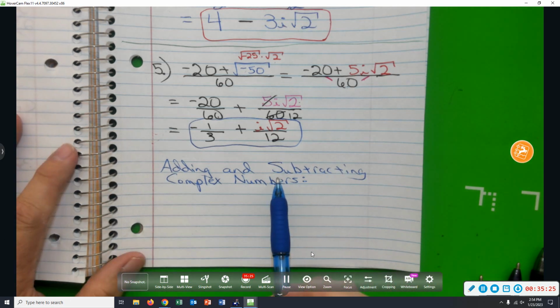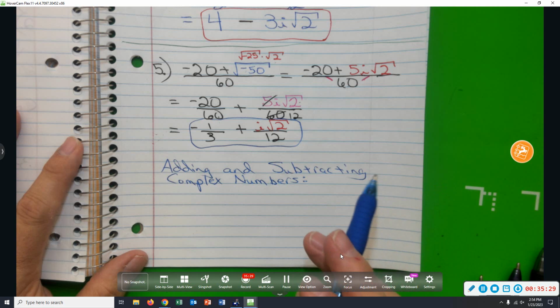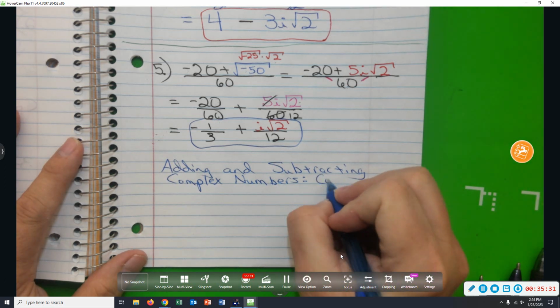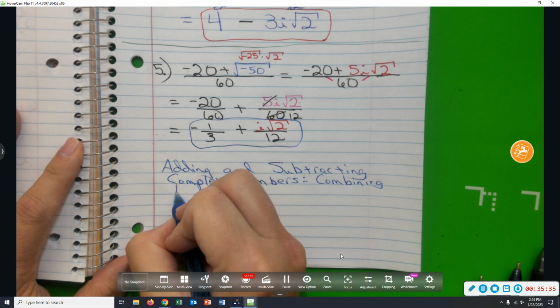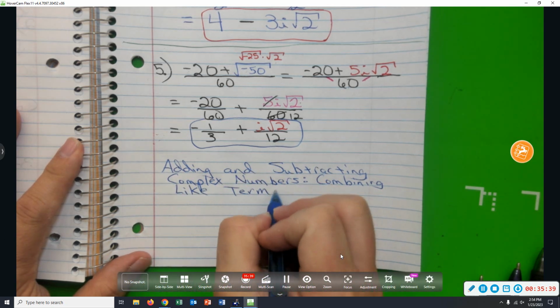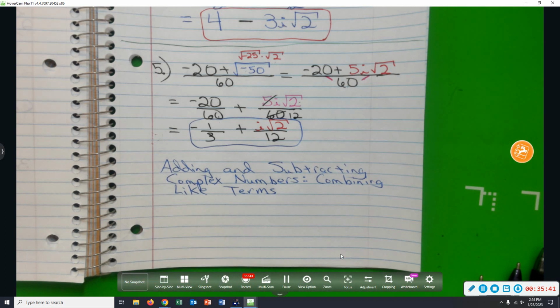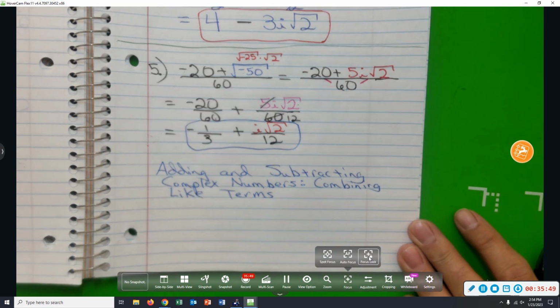So for adding and subtracting complex numbers, all you're doing is combining like terms. We're just combining like terms. Think of the i's as if they were a variable. You can't add something without an x to something that has the variable x.